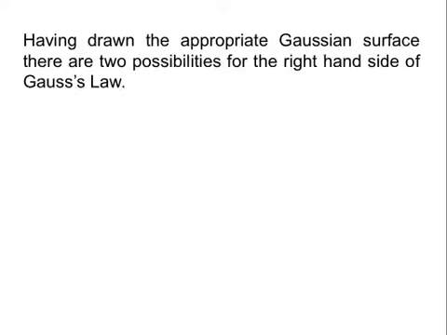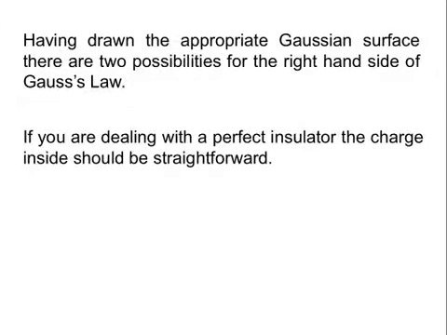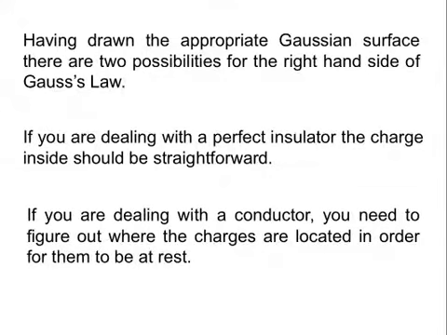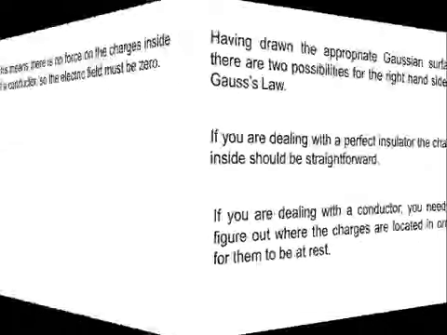Having drawn the appropriate Gaussian surface, there are 2 possibilities for the right side of Gauss's law. If you are dealing with a perfect insulator, the charge inside should be straightforward. If you are dealing with a conductor, you need to figure out where the charges are located in order for them to be at rest.